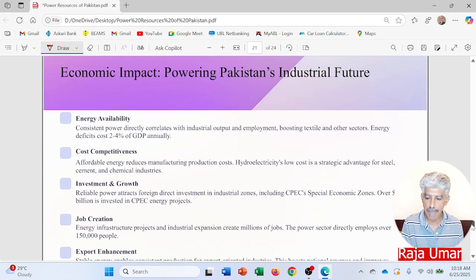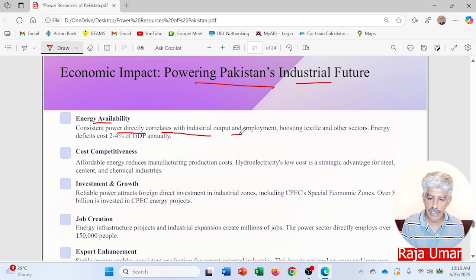So, economic impact of powering Pakistan's industrial future. As we know that we are growing on the industrial grounds and we need power a lot. So energy availability: consistent power directly correlates with industrial output and employment, boosting textile and other sectors of Pakistan.